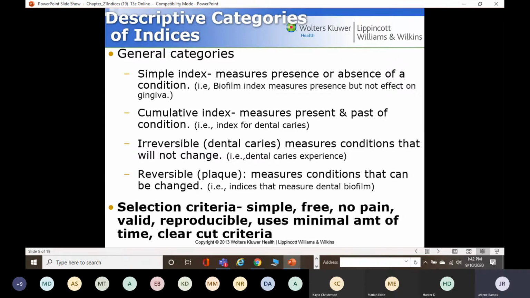You should be able to get some of the same indicators, and you should be able to do it correctly time after time on anybody. It uses a minimal amount of time, needs to be something quick and a very clear-cut way to do it.